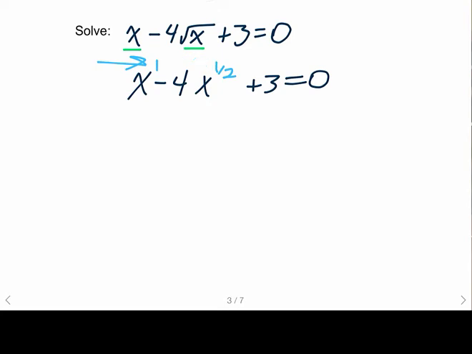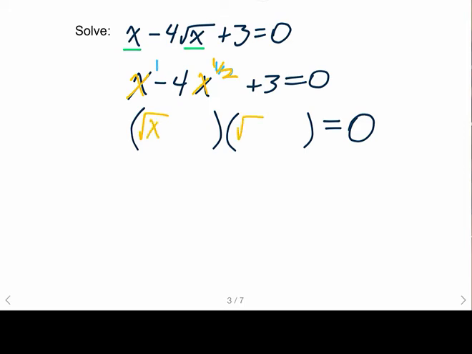In other words, this is quadratic in form, with, in this case, x to the 1/2 playing the role of the star that we had before. So when I factor this as a pair of binomial factors, I'm going to put the square root of x, or x to the 1/2, it wouldn't really matter which one you use, as the first term of each binomial, and then I'm looking at the coefficients.